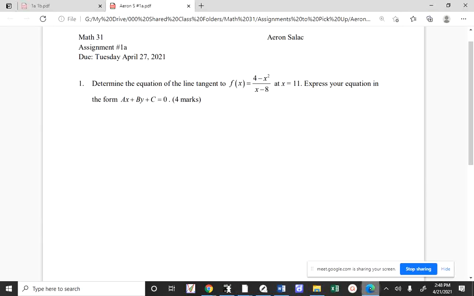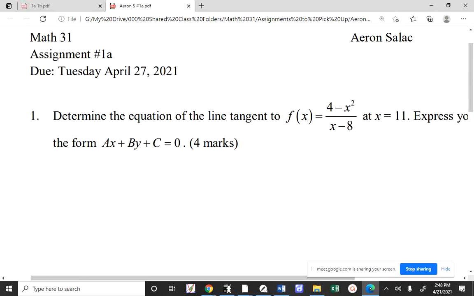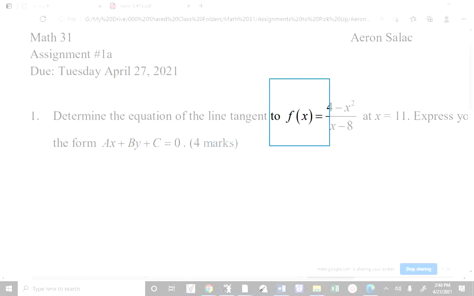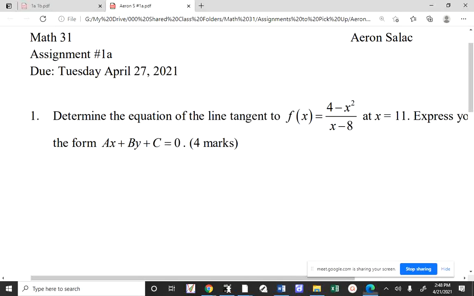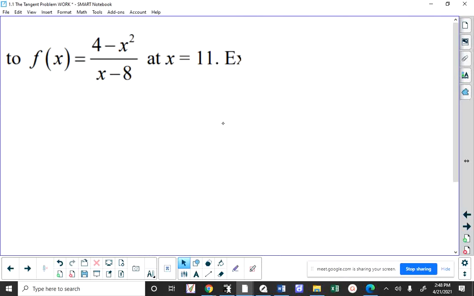If I were to go to Aaron's assignment and he wanted to determine the slope of the tangent to that function at x equals 11, then the idea is, I don't know what the function looks like, but here's P and it's at 11, comma... we're going to do a little bit of Aaron's work here for him.